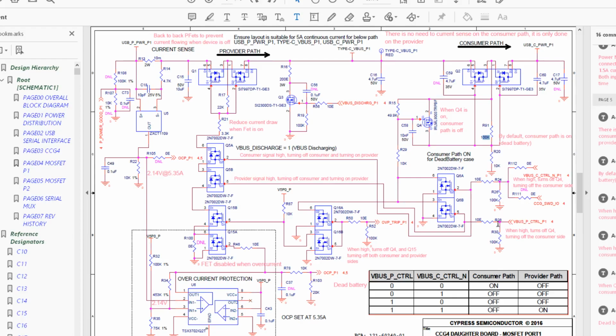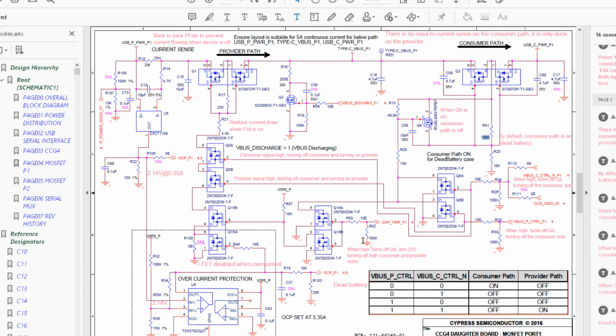And when you turn on this one, this pulls the gate low, shorts this bit out, sends 20 volts onto this pin, which turns off the gate. When both of these are on, that's fine. We know this consumer path is going to be off. And this turns on this FET, also turns on this FET. This FET is pulled up high by this unless there's an over voltage trip.